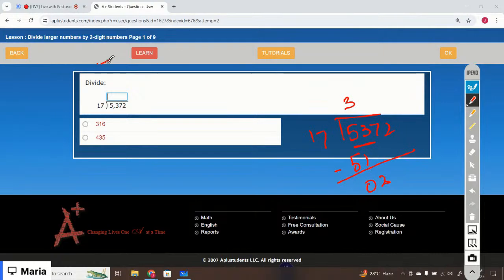Now bring the next digit down, that is 7. We can go for 17 times 1 is 17, and 10.